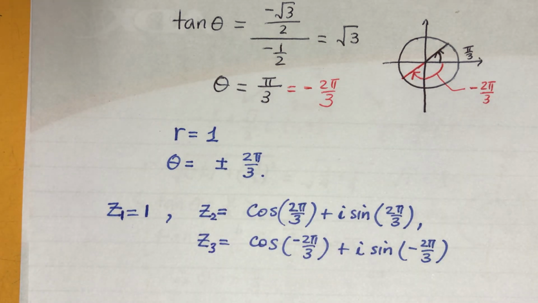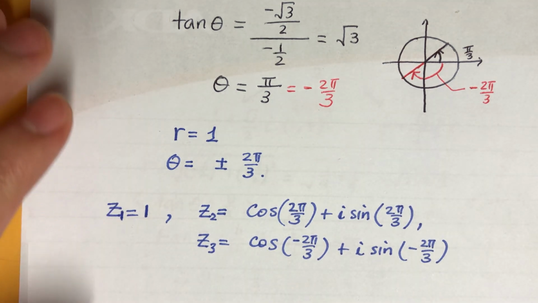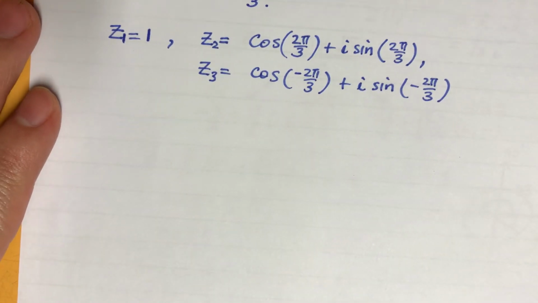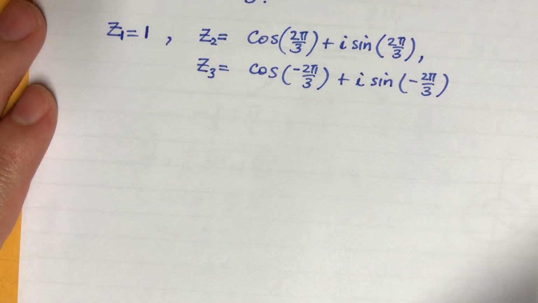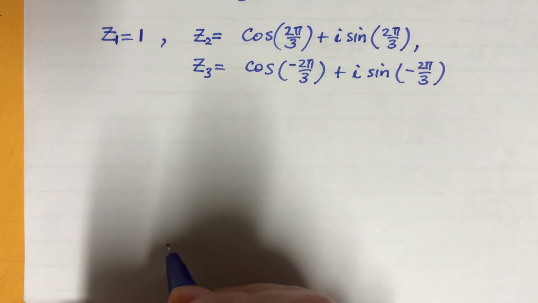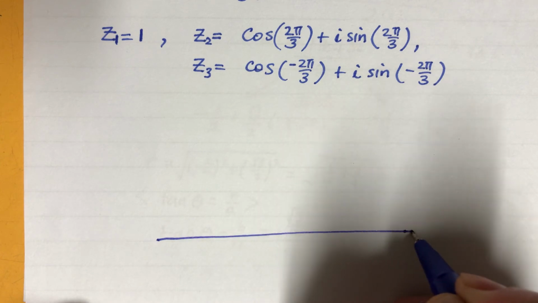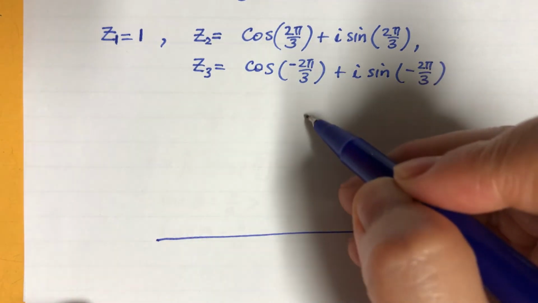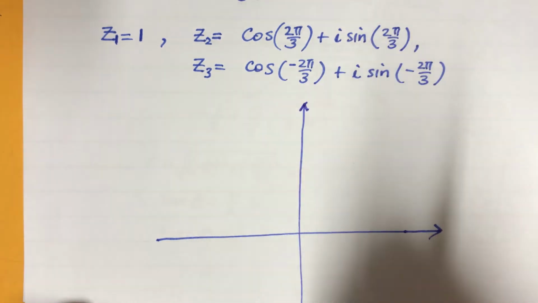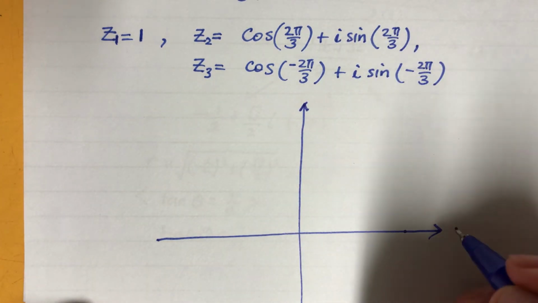Okay, 3 roots. Now I need to show these 3 roots onto our Argand diagram. So I'm going to push this one up a bit. Okay, so let's have a look. So I'm going to sketch very roughly here, but hopefully you use a ruler and pencil and do it properly.